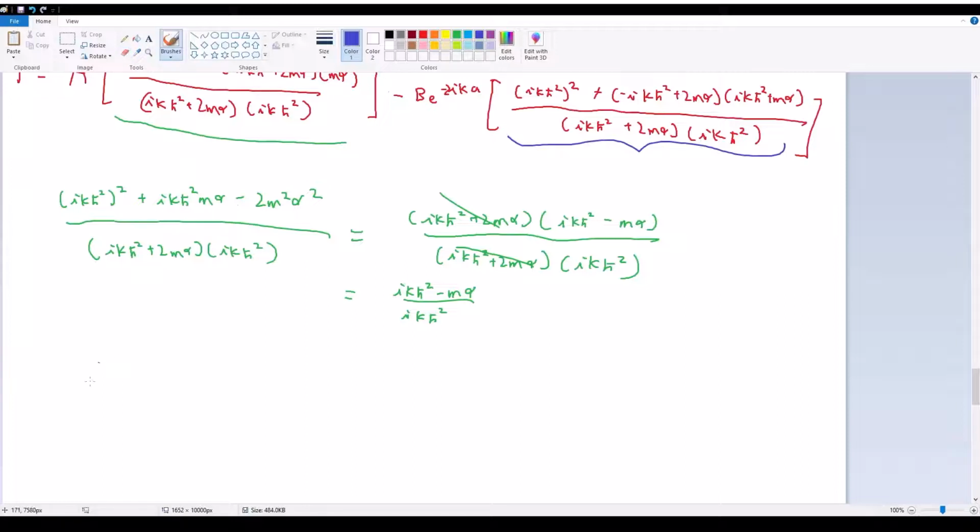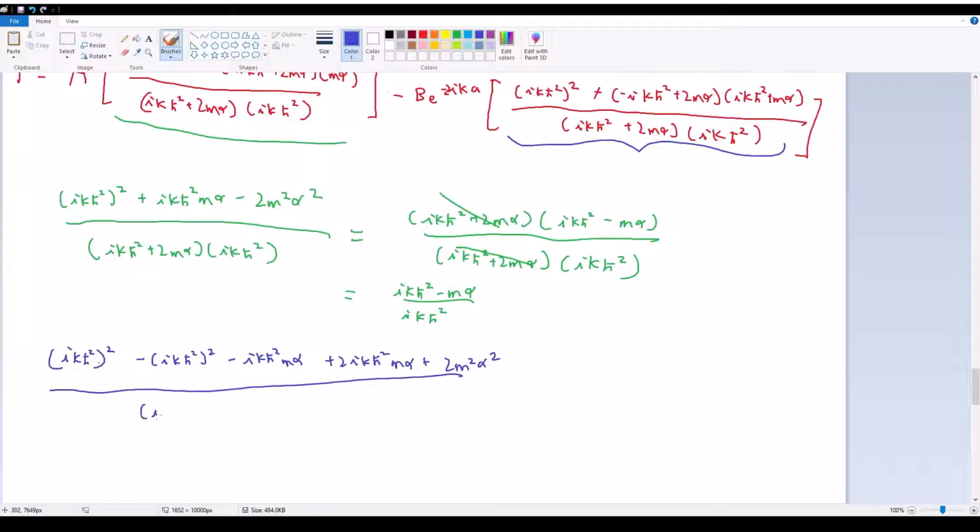So in that case, I get ik ħ² squared, and then at the front I'm going to get minus ik ħ² squared, and then let's see, minus ik ħ² m alpha plus 2 ik ħ² m alpha plus 2m² alpha², and at the bottom I get ik ħ² plus 2m alpha times ik ħ².